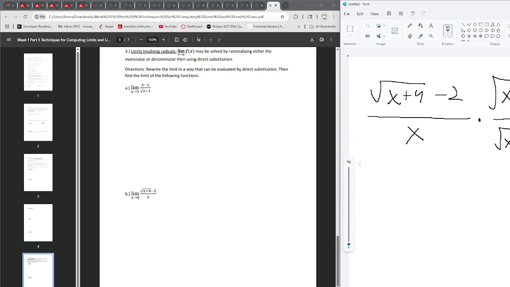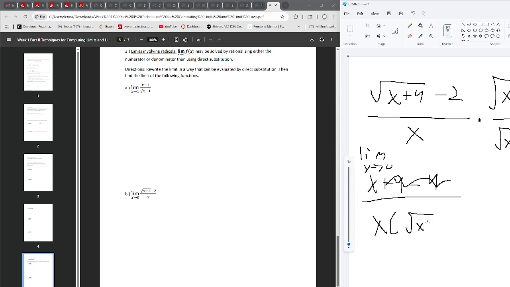What does that mean for us? Well, that means this is now x plus 4 minus 2 squared, so 4. Let's just ignore that. Also limit x approaches 0. Okay, x times square root x plus 4 plus 2.